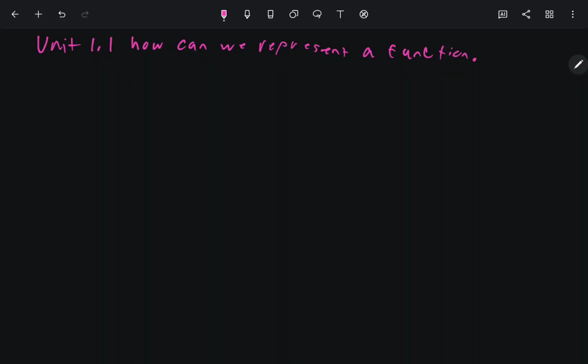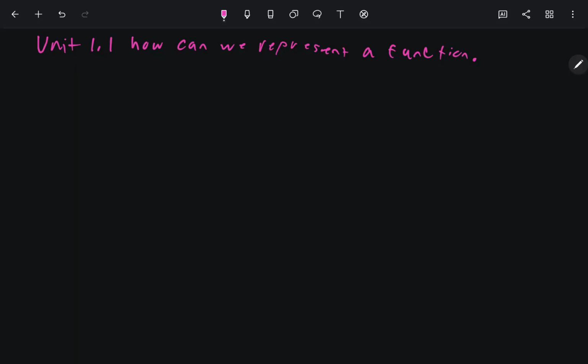Calculus in general studies change, and the way it does that is by modeling change with functions. In fact, it's a very important concept to understand functions, why you're taught them in algebra before you normally will take calculus.